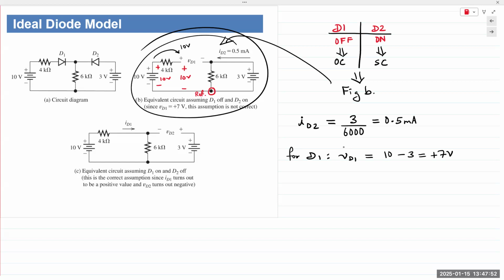VD1 is +7, a positive voltage, which means my assumption is incorrect, because my assumption is that D1 is off. If a diode is off, then VD1 must be negative. If it is not negative, then my assumption is incorrect.